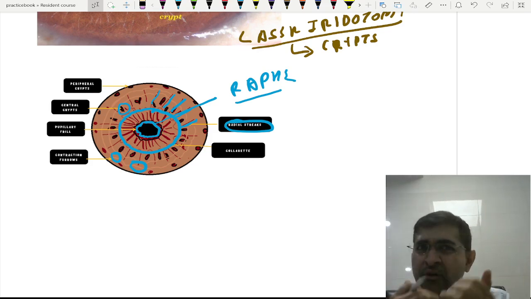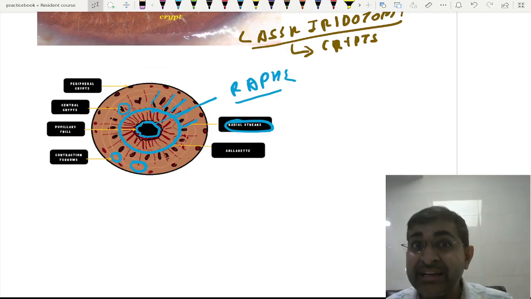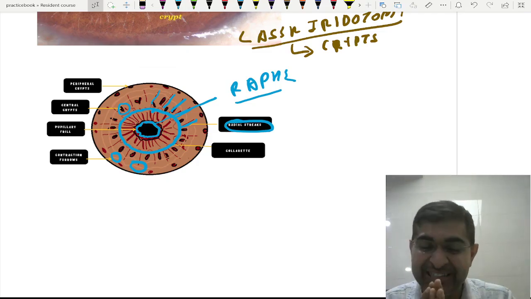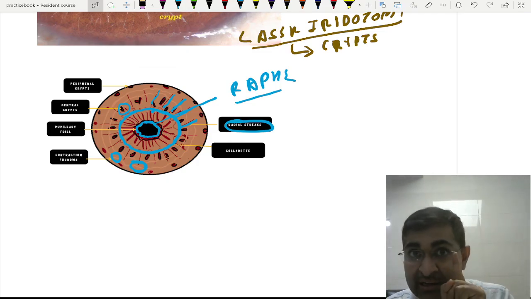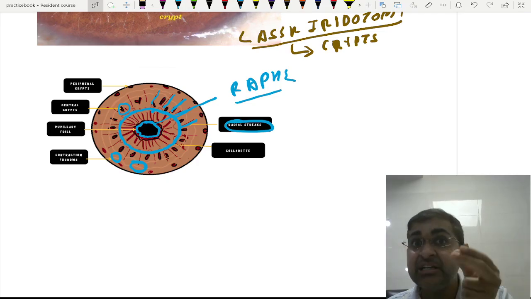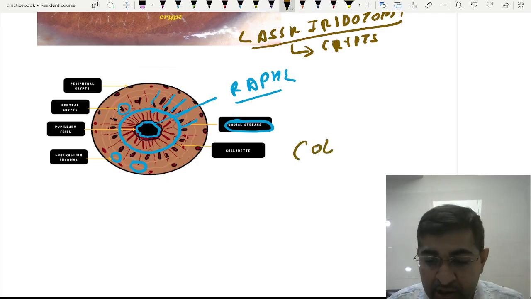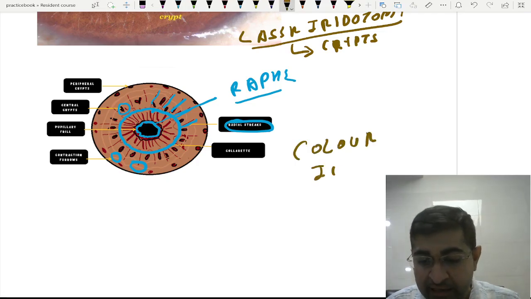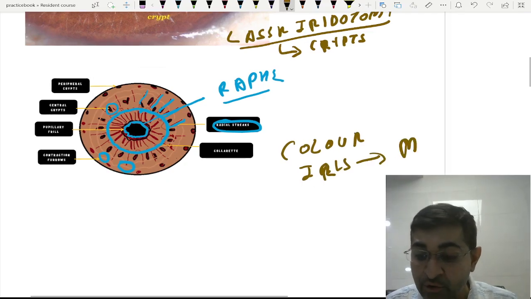Now from where does the iris get its color? You must have heard about black iris, brown iris, blue iris, blue eyes. Remember that song, Blue Eyes? So the color of the iris is actually derived from the presence of melanosomes.